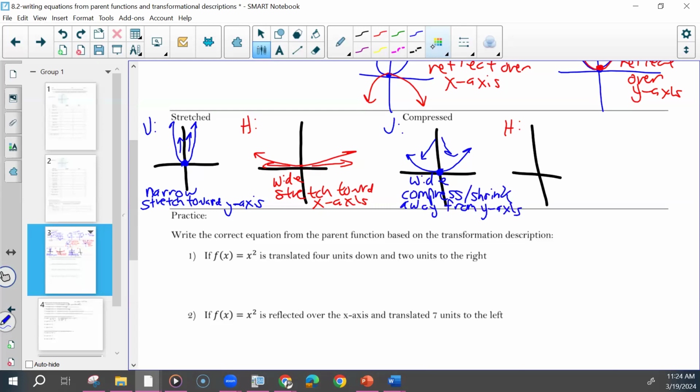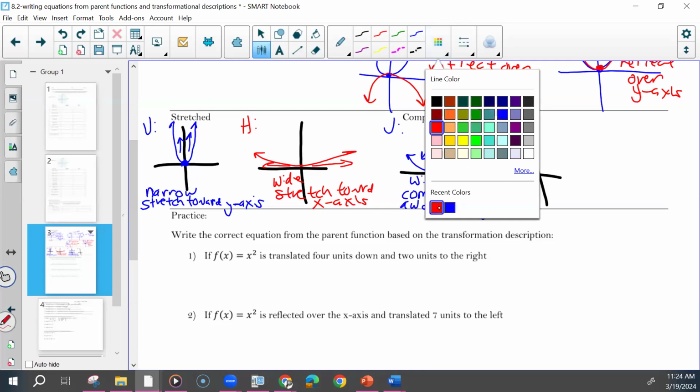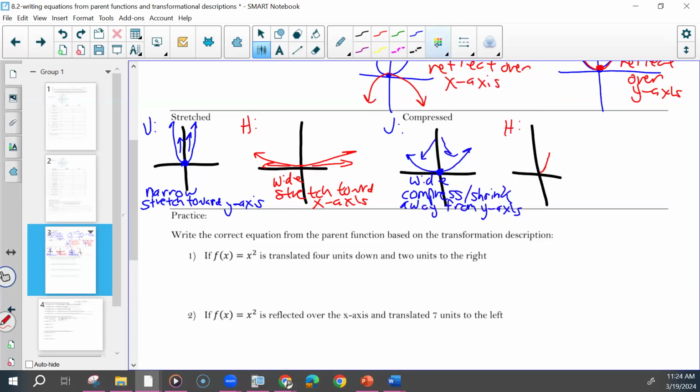And then horizontal, instead of stretching towards the x-axis, it shrinks or compresses away from the x-axis, so it actually gets narrow. It depends on the function, which we haven't talked about.